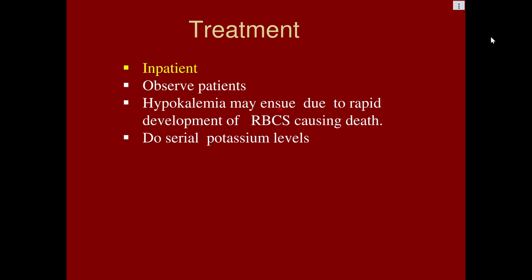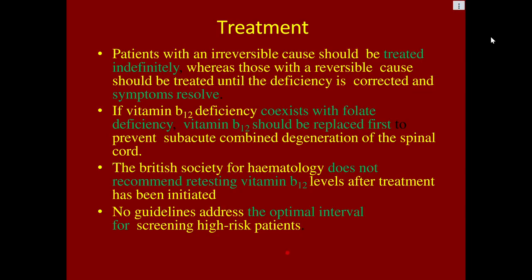This one is the opposite of what happens when you have increased development of red blood cells. In this case, more of the potassium will escape into the red blood cells, causing reduction in potassium, and this may lead to death. Therefore, you need to do serial potassium levels as you observe these patients.